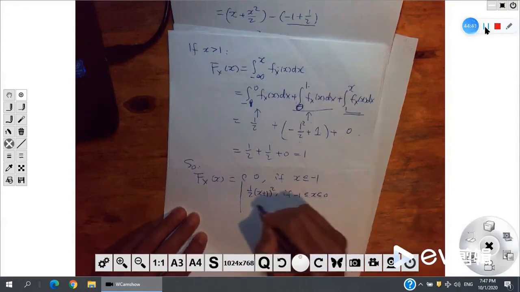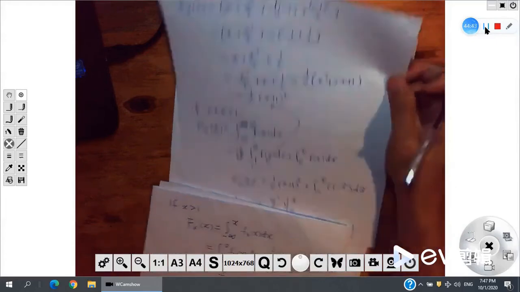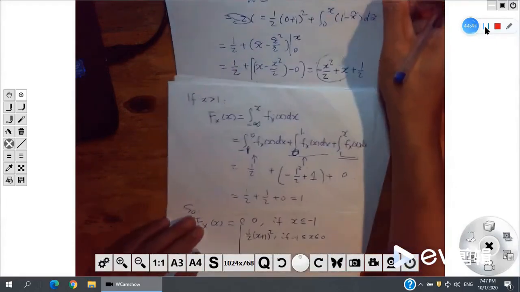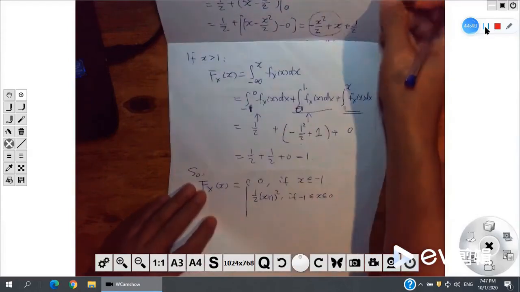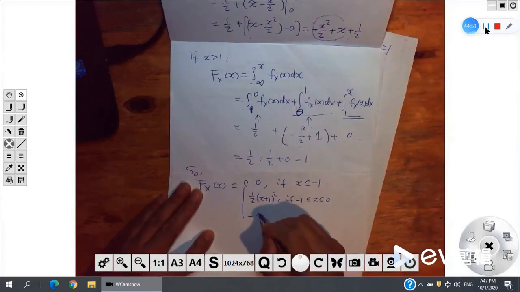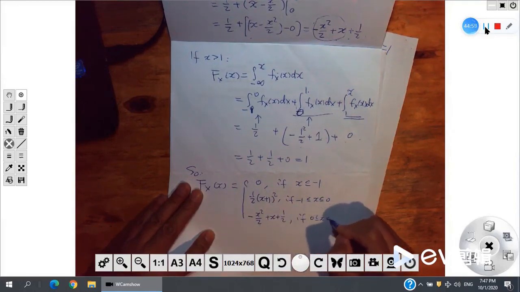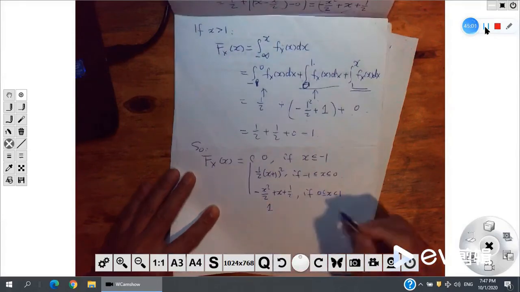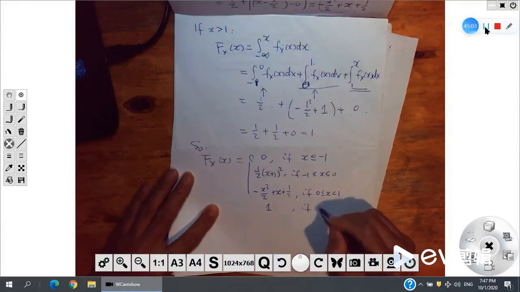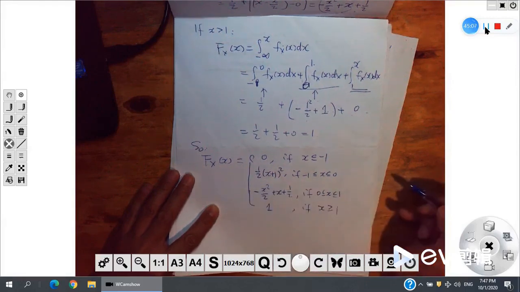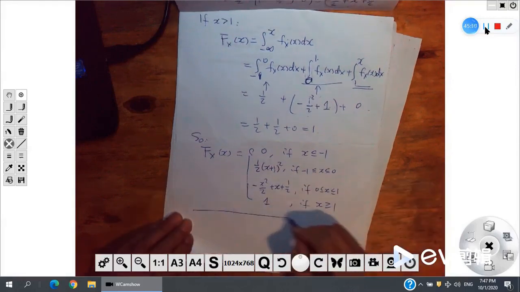And from 0 to 1 it is this: negative x squared over 2 plus x plus 1/2 if x is between 0 and 1. It is 1 if x is larger than 1. Alright, so we have this f(x).